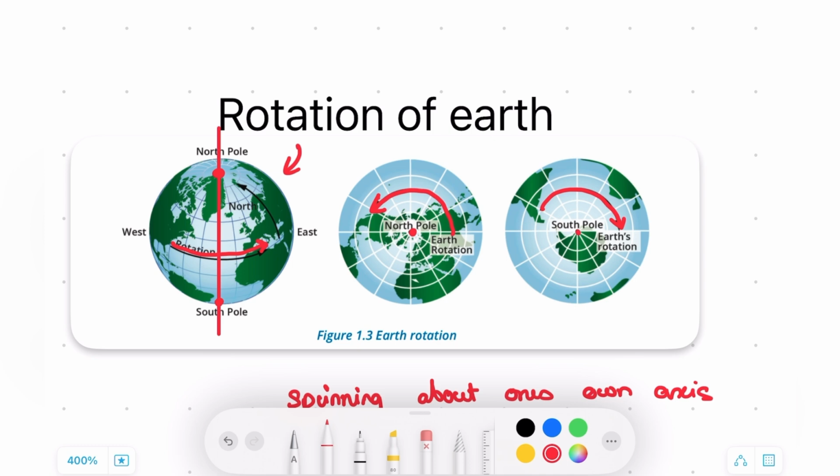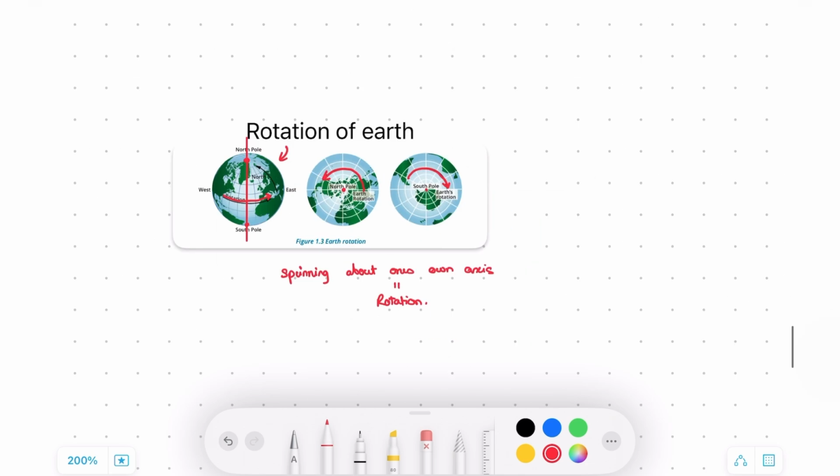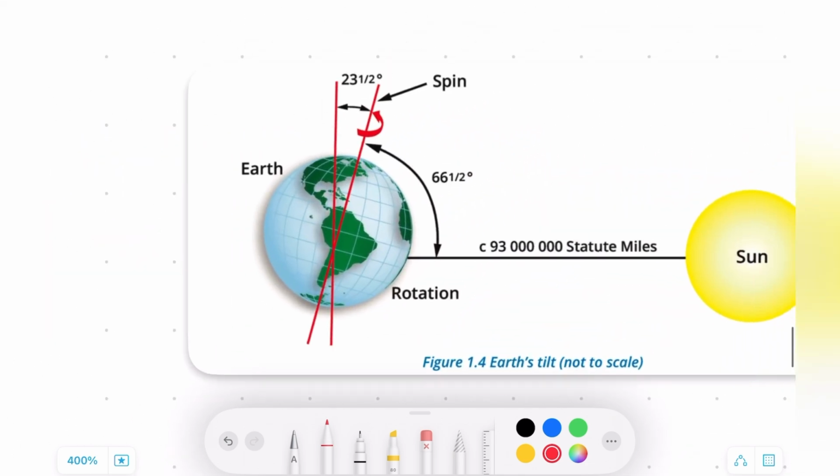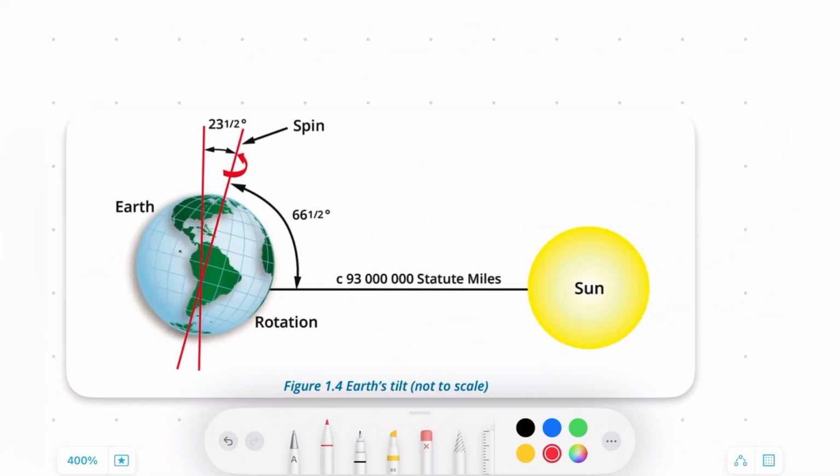And this axis is not essentially vertical. Please understand that space itself does not have any up and down or west and east. It does not have any direction. When I say space, I mean the whole universe has no direction as such. So this axis is not exactly straight, as how we draw it on paper. It is slightly inclined. The earth's axis is slightly tilted.